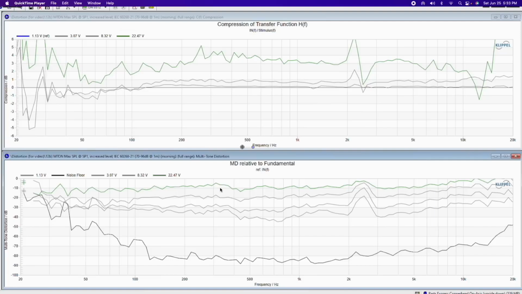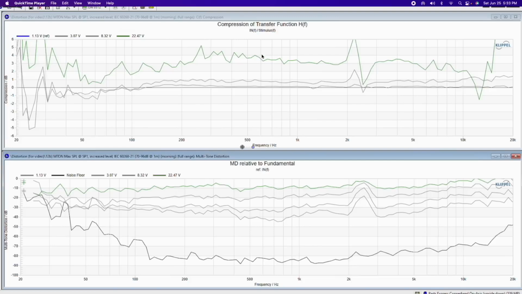Well, that's really, really high. You're definitely going to hear that. This one is 8.32 volts, 3.07 volts, 1.13 volts. So 70 dB, 78 dB, 86, 87, something like that dB, and then 96 dB.